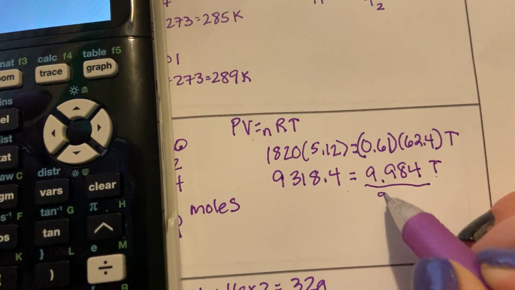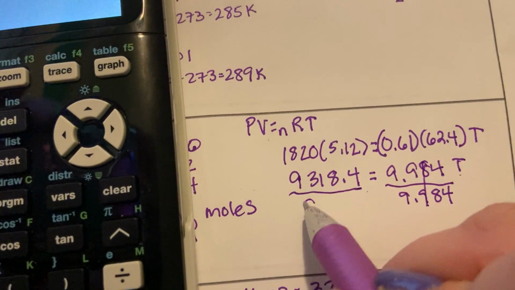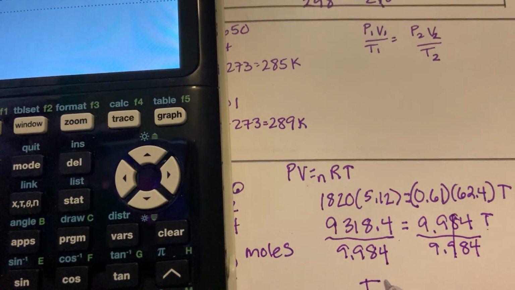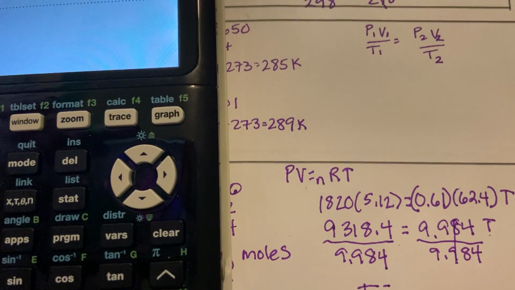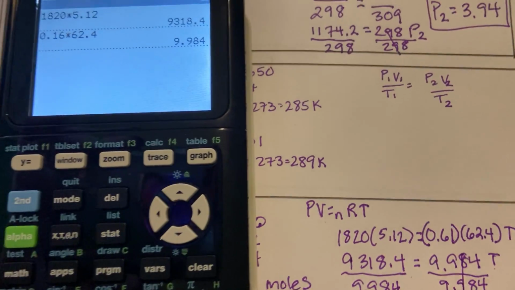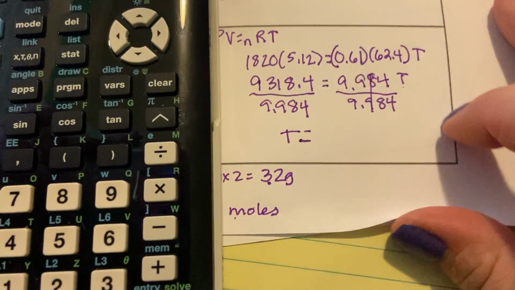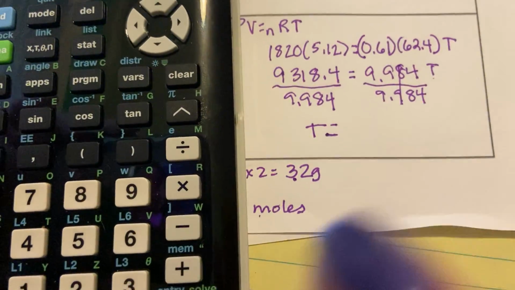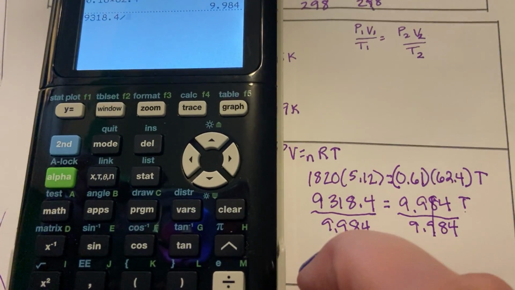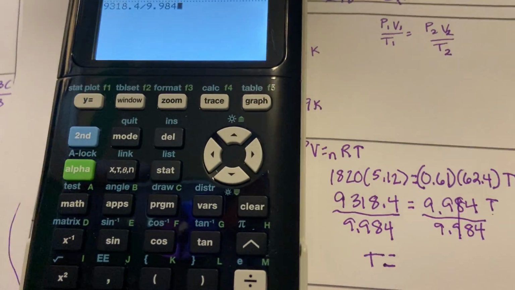So we have to divide to get rid of it, and divide this side as well. And your temperature should come out to be, hold on, let me double check this. Okay, 9318.4 divided by 9.984.